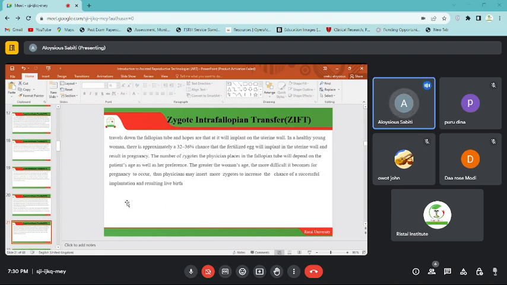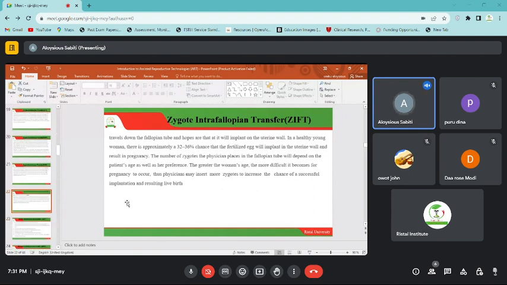However, for women who are a little older, or who are closing in on menopause, the physician would have to implant more zygotes, because the chances that their zygotes may flow down through the fallopian tube to the uterine wall are limited for them in that case.